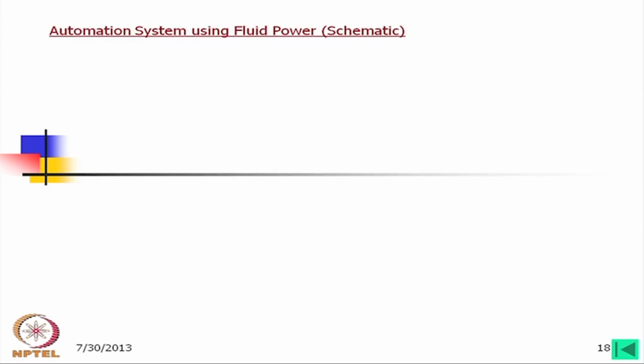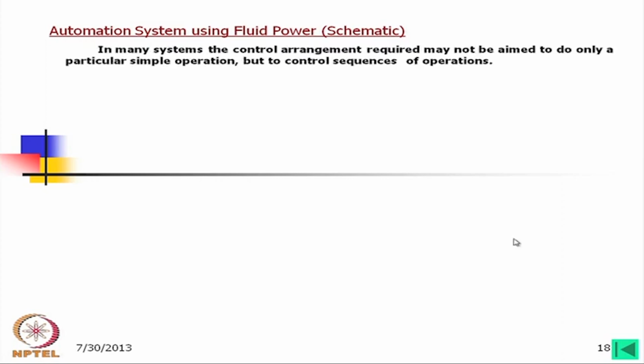Now, an automation system using fluid power; a schematic view is presented here. In many systems, the control arrangements required may not be aimed at only a particular simple operation, but at controlling sequences of operation. Such sequence controls may be event based or time based. That means, looking into the event, this control is operated, or maybe on time.